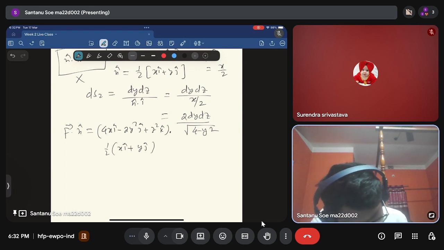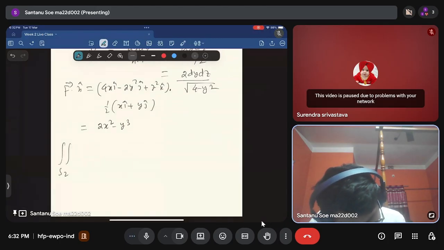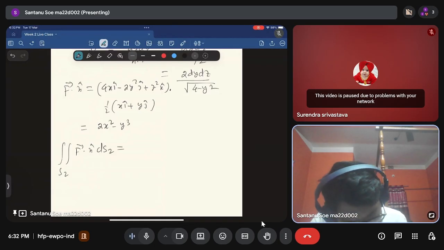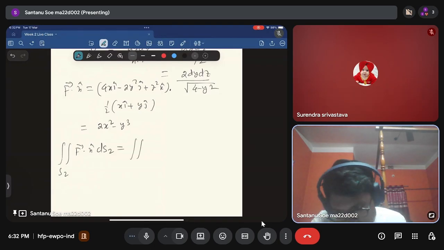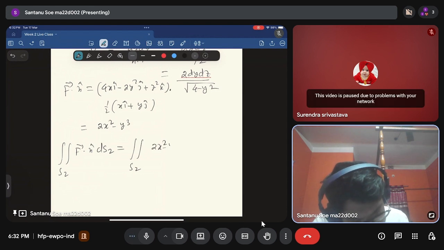Okay, and this is the same as 2x squared minus y cube. Okay, so our surface integration f dot n cap dS2 is changed into the integral over S2 of 2x square minus y cube, which is f dot n, and then dS is just 2 dy dz by x.